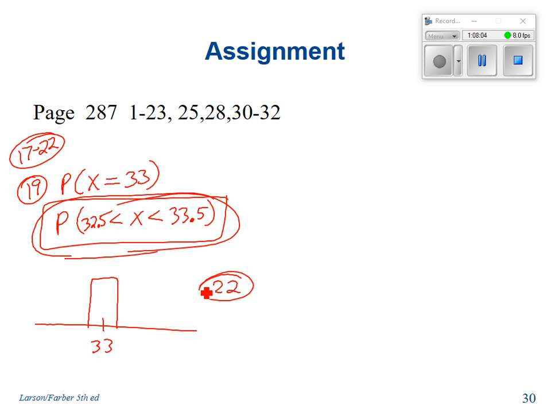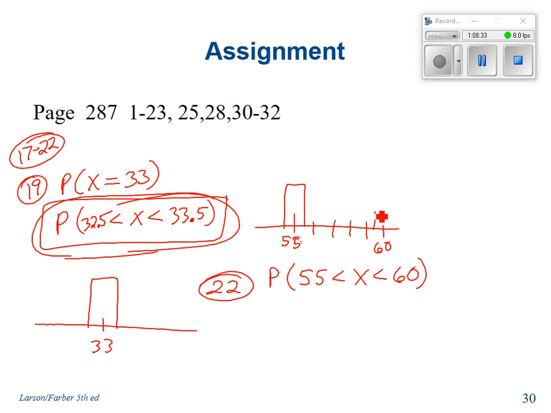22. So we start off at probability 55 less than x, which is less than 60. Is that right? Yeah. So when we're looking at this, we got 55, 56, 57, 58, 59, 60.